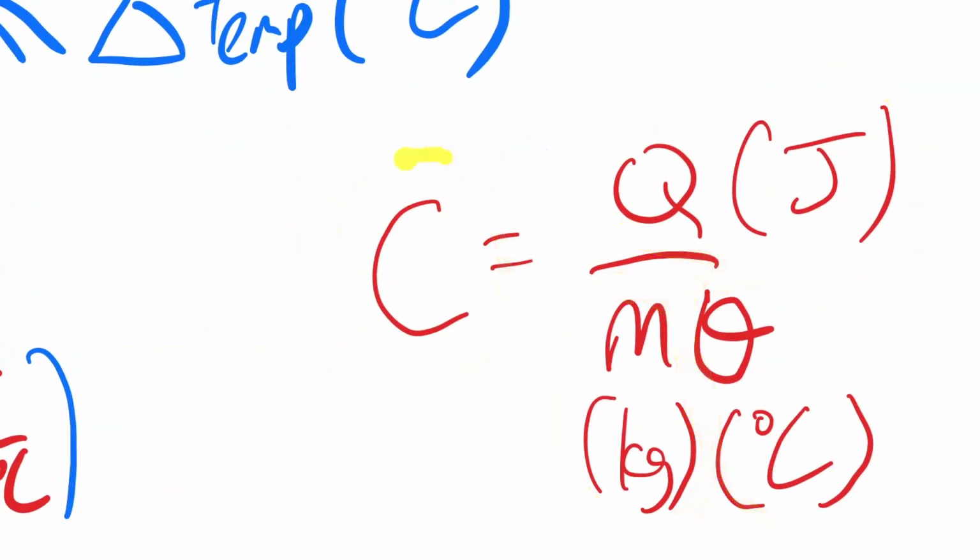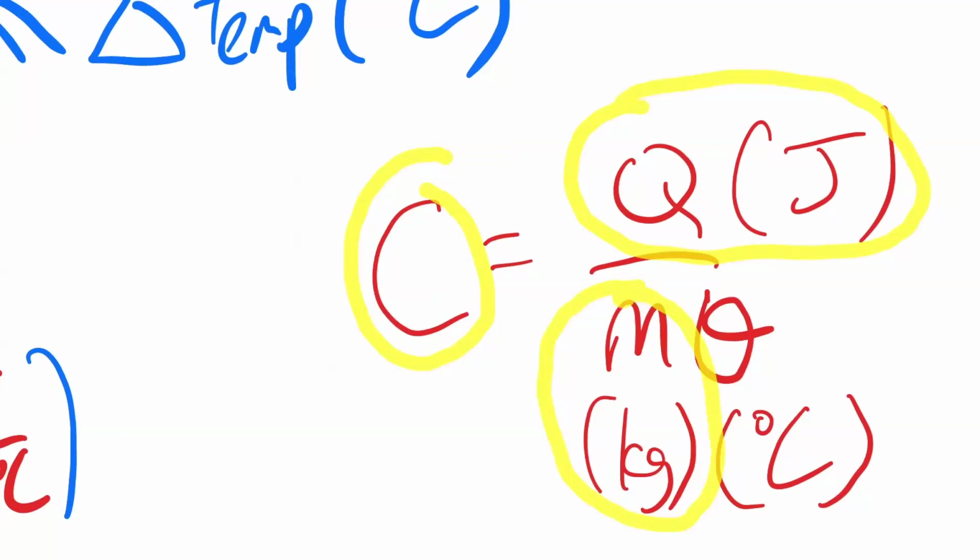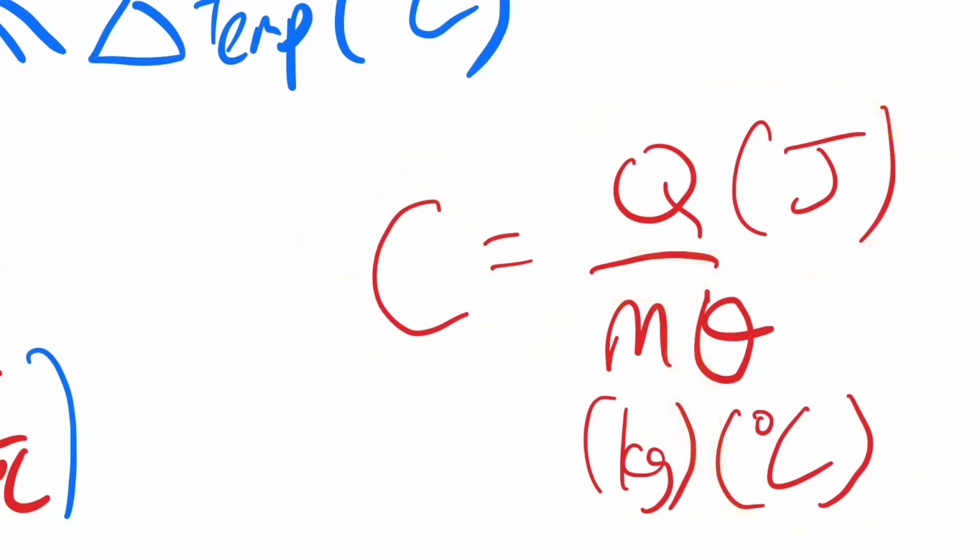Specific heat capacity is the energy required to change 1 kg of mass of a substance by 1 degree Celsius. Excellent, very good. 1 kilogram, not kilometer. 1 kg of a substance by 1 degree Celsius. Understand? Okay, good.